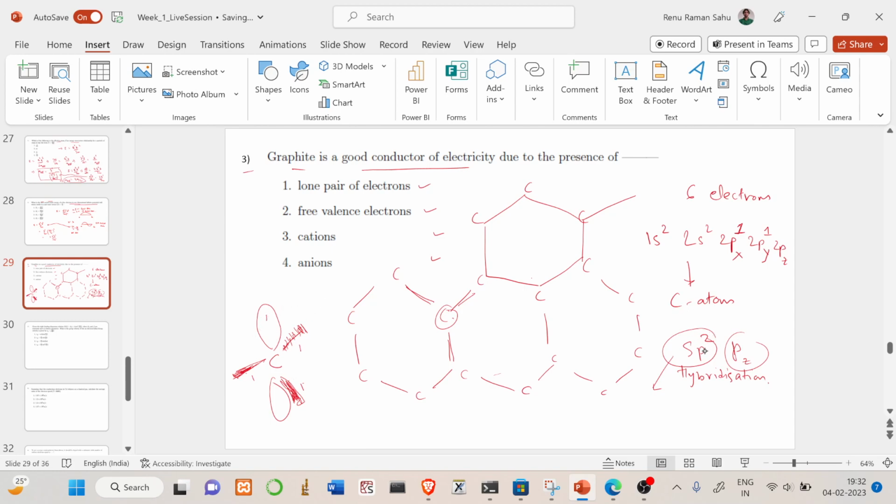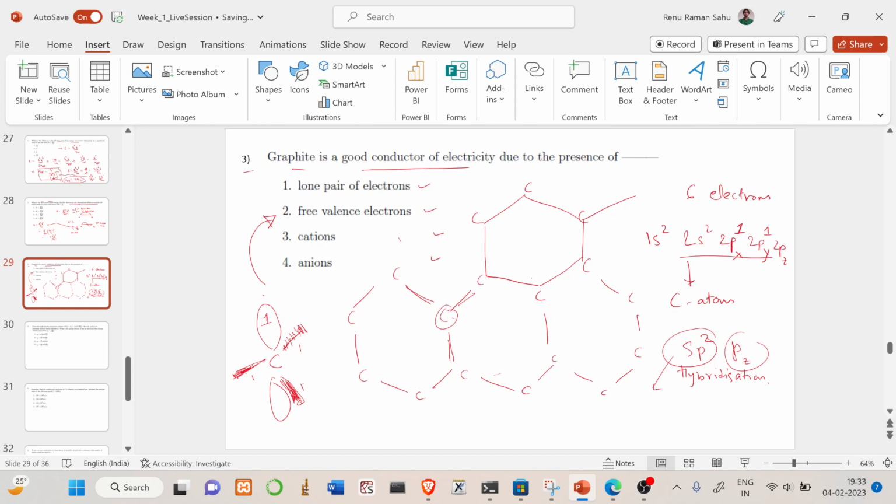So the valence shell has 4 electrons: out of these 4, each sp2 orbital will take one electron, and one electron will be in the unhybridized orbital. This is the free valency electron which will contribute to the conduction of electricity in graphite.